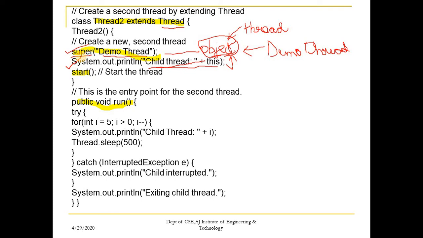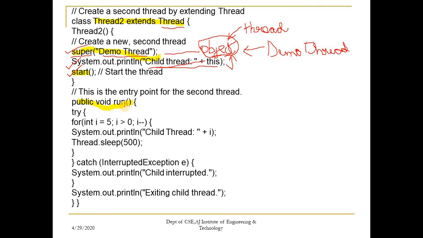In the next statement, we are displaying that child thread, and in the next statement we are going to start the thread. See, here directly we are going to use the start method and the run method, because the start and run methods are predefined in the Thread class, correct? And since Thread2 is a subclass of the Thread class, we can directly use the methods of the Thread class over here.